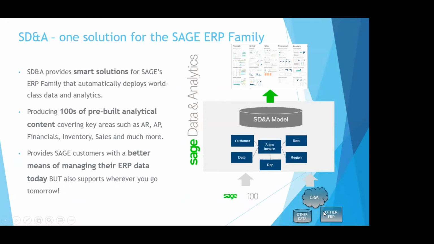Maybe I want to bring in Sage 50 history and compare it with my Sage 100 data, because now I'm on Sage 100, and it's not really recommended to bring history into Sage 100 when you go live. It's just too many data tables, too many imports, and too many complications that can happen with them. However, you can connect to your Sage 50 using Sage Data and Analytics and merge the two tables together and map it out, and you can get reporting based off of that.